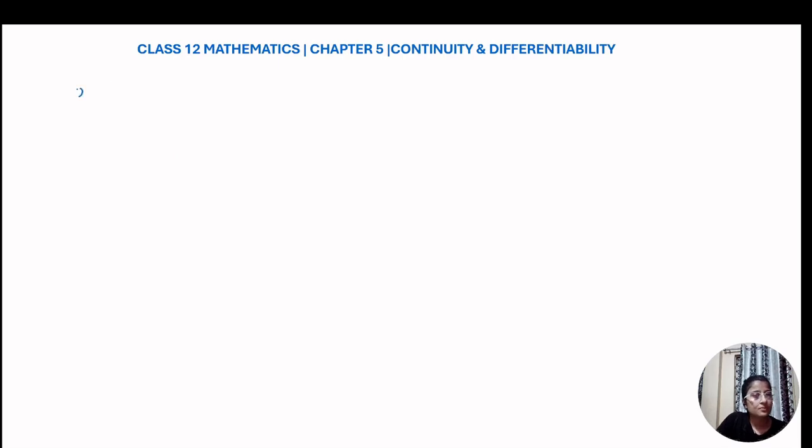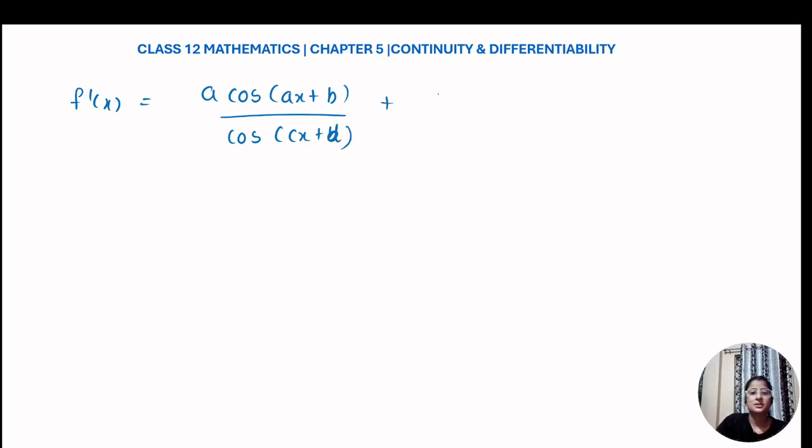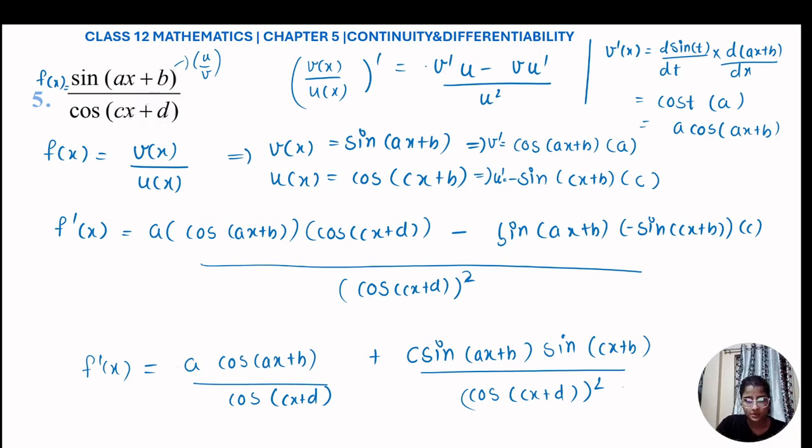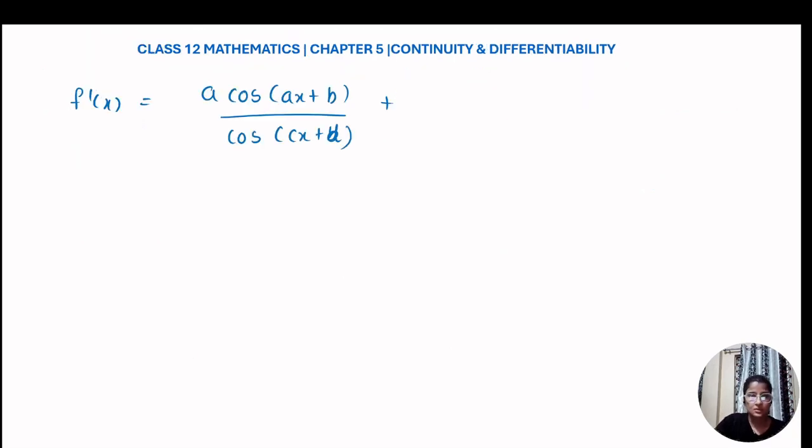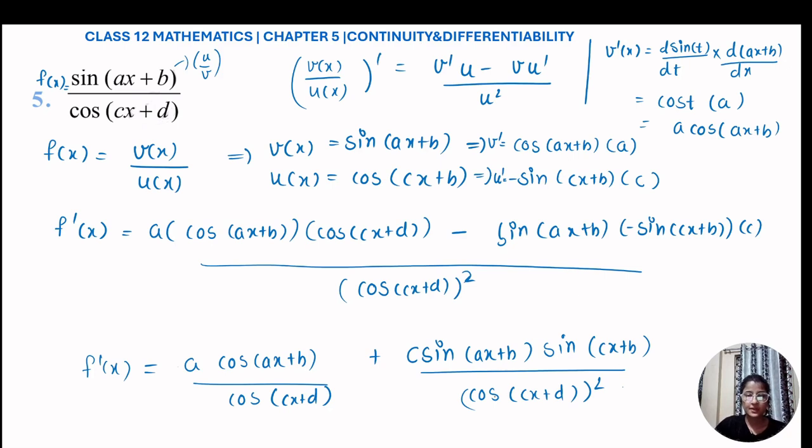That is, f dash of x is a cos(ax plus b) divided by cos(cx plus d), plus c sine(ax plus b) multiplied by sine(cx plus d) divided by cos(cx plus d).